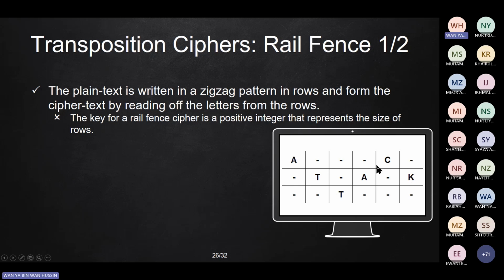The number of the rows is the key. In this example, the key is 3: row number 0, row number 1, row number 2. And then we write zigzag, and then we write row by row.